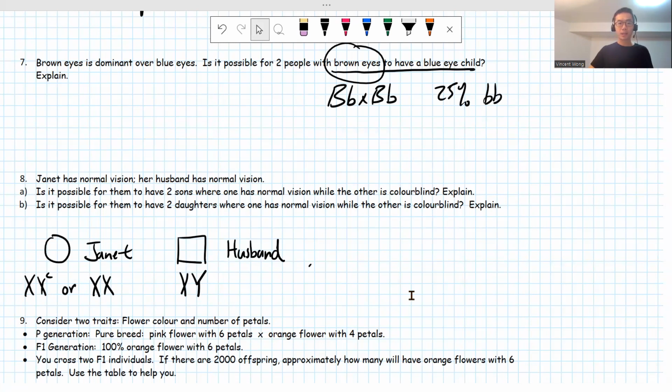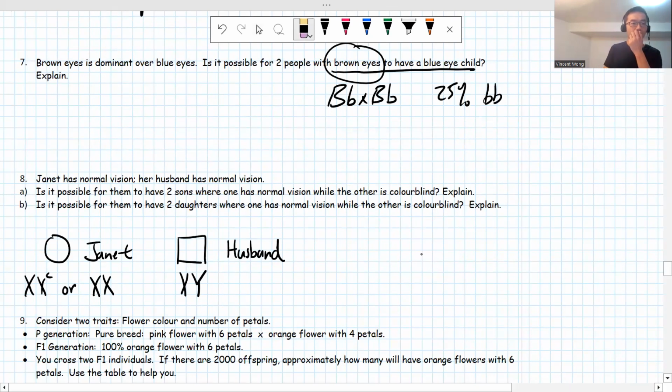So let's see. Is it possible for them to have two sons where one has normal vision and the other is colorblind? Is it possible?